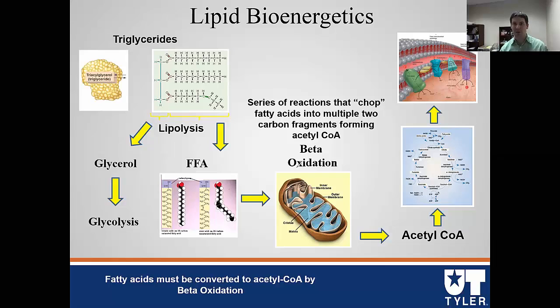And as we know from the last video, acetyl-CoA is a 2-carbon molecule that then combines with oxaloacetate and goes into the Krebs or TCA cycle, and then all its derivatives, 3 NADHs and an FADH2 per churn of that cycle, can then be passed on to the electron transport chain. So again, the idea is that fatty acids must be converted to acetyl-CoA by beta oxidation.